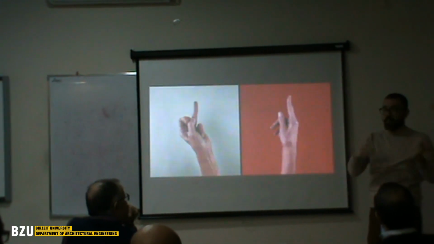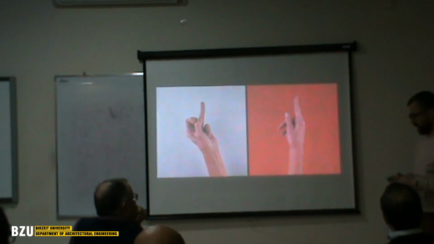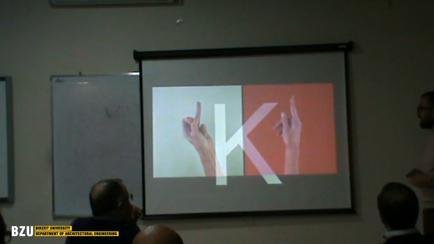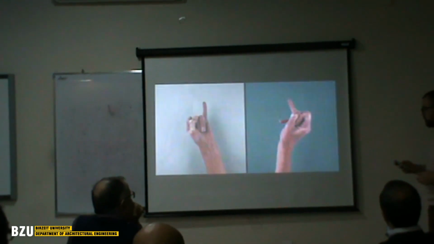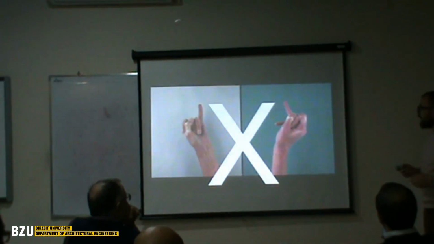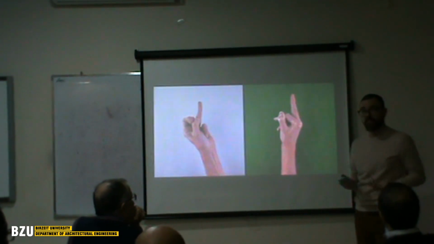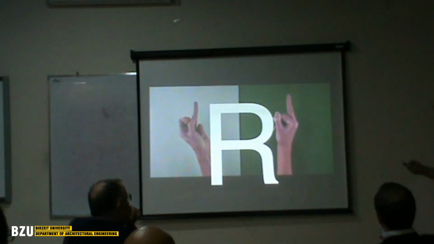It gets more complicated as you do it. So what we see now is the letter K. As we go through, this is an X. And the whole thing was colour-coded as a way of teaching people how to use this language. So that's how I've used it.